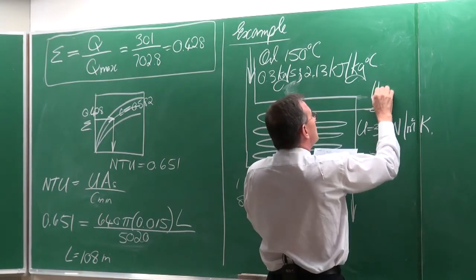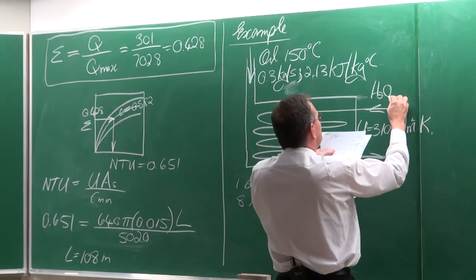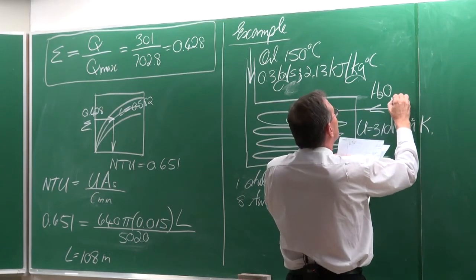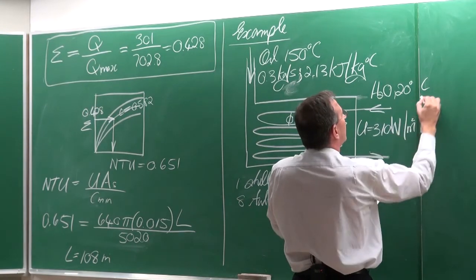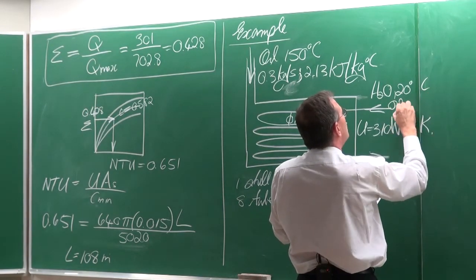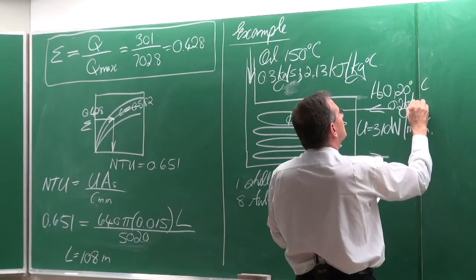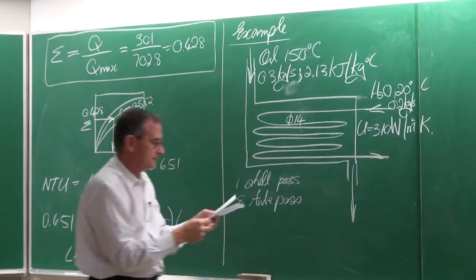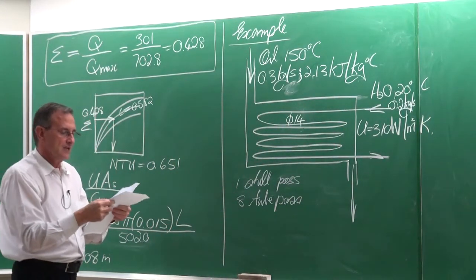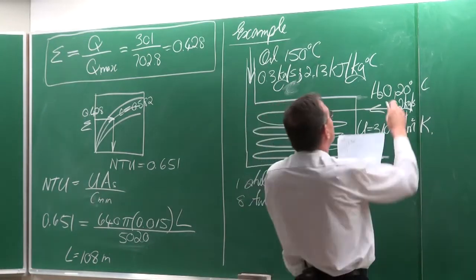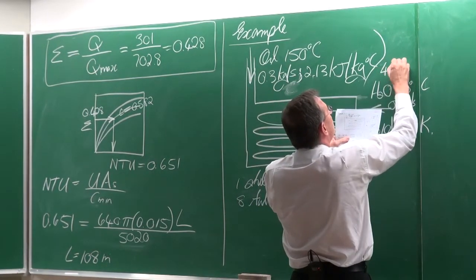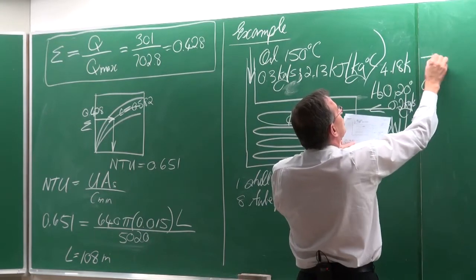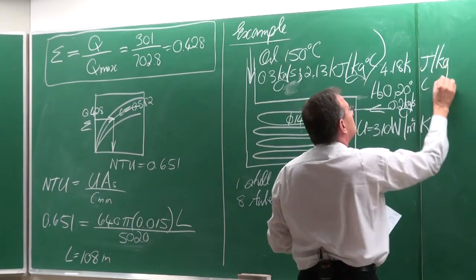We have water flowing in at a temperature of 20 degrees Celsius and a mass flow rate of 0.2 kilograms per second. And the CP of the water is 4.18 kilojoules per kilogram.